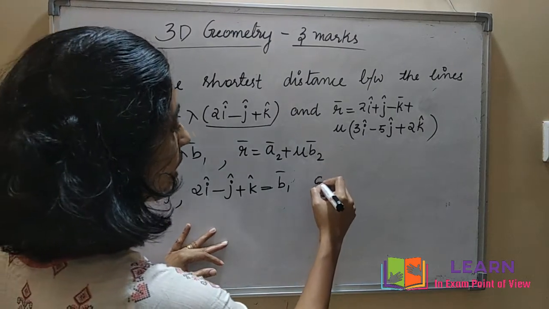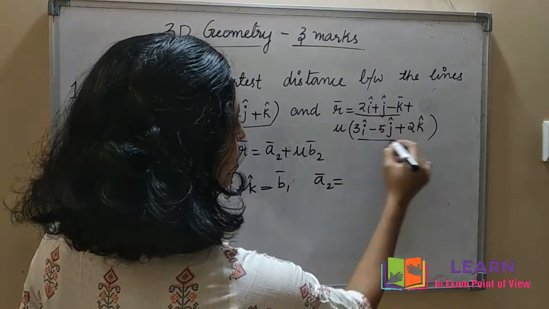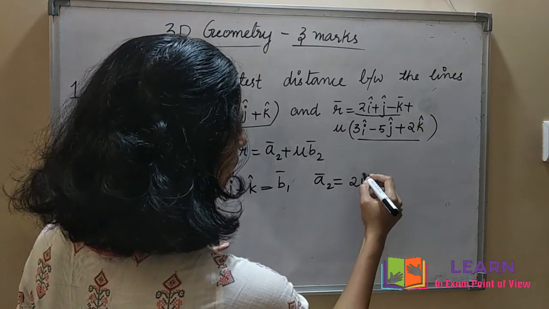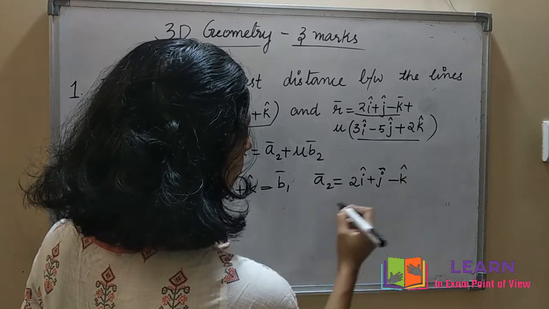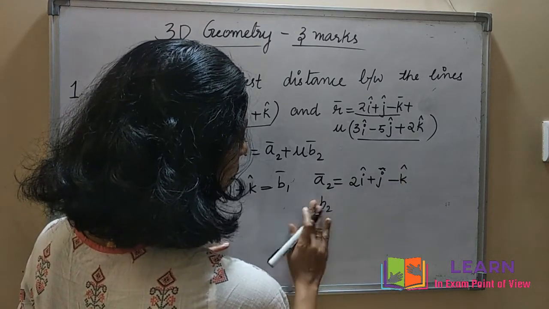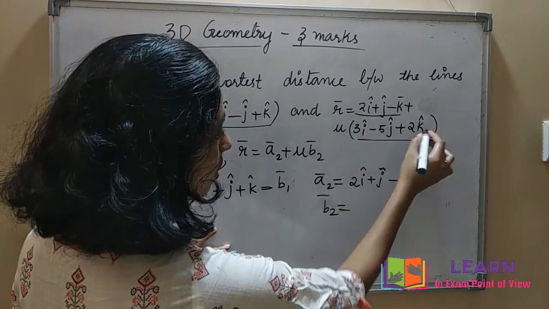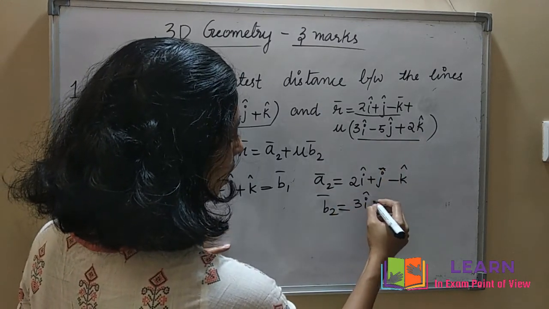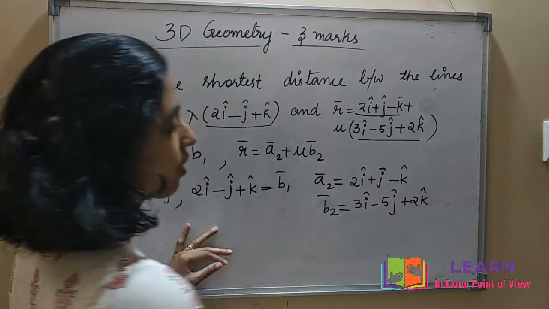Similarly, find a2. Take down the a2 term. This is a2 and this is b2. So a2 is 2i plus j minus k. Then b2 we have this one: 3i minus 5j plus 2k.